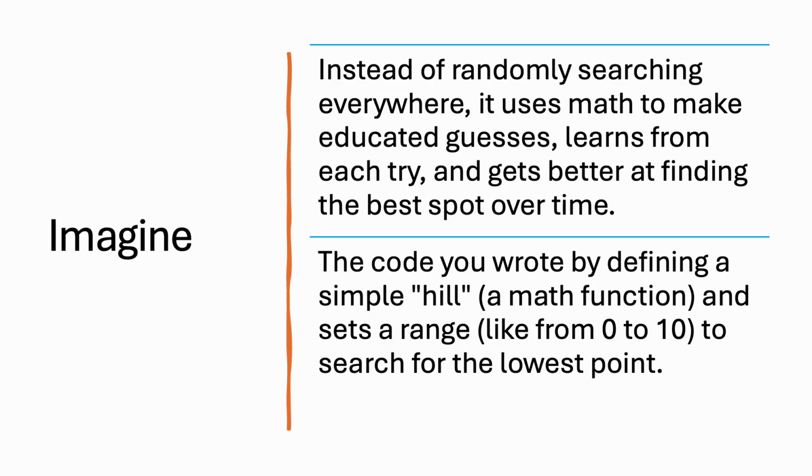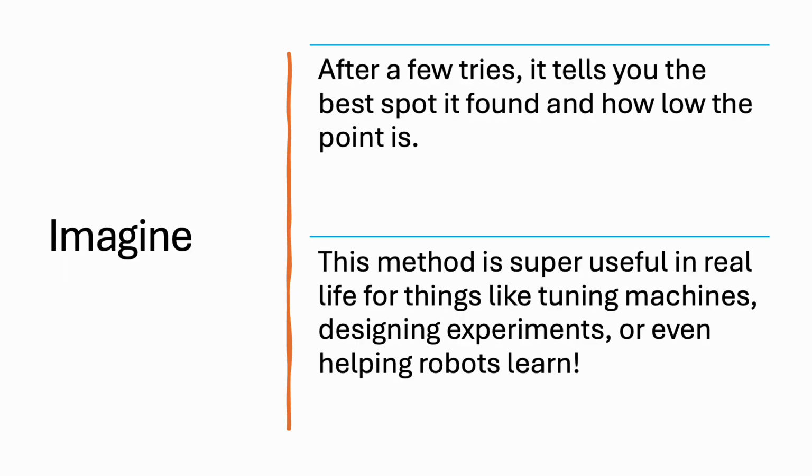In this hypothetical scenario, the code you wrote defines a simple hill, a math function, and a range, like from 0 to 10, to search for the lowest point. After a few tries, it tells you the best spot it found and how low the point is.